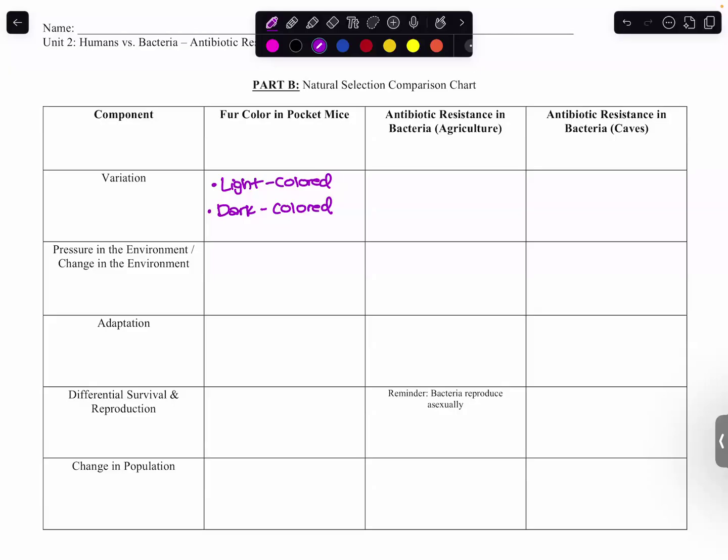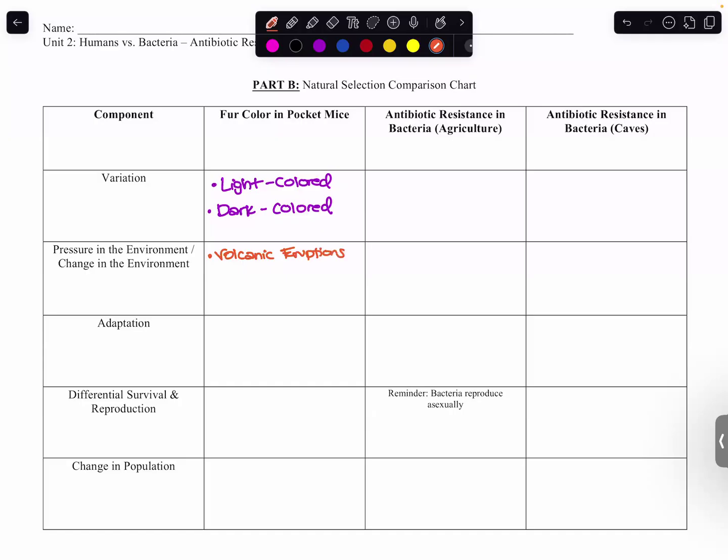What was the pressure in the environment or the change in the environment, right? There always has to be some type of changing environment if we're talking about natural selection. And the pressure or the change were the volcanic eruptions, right?